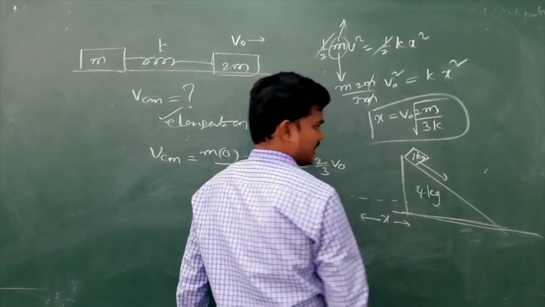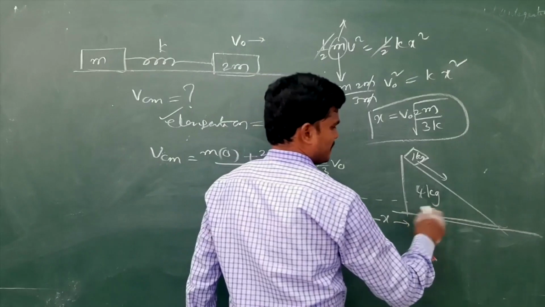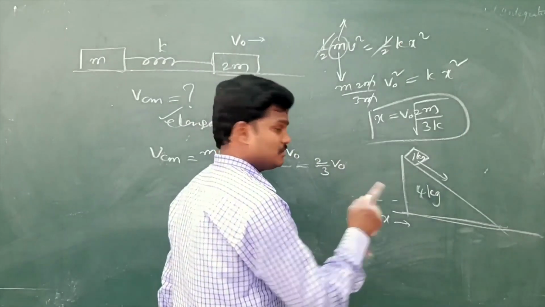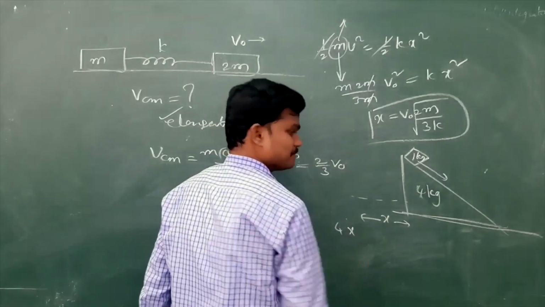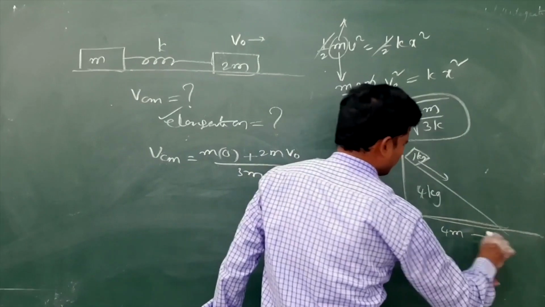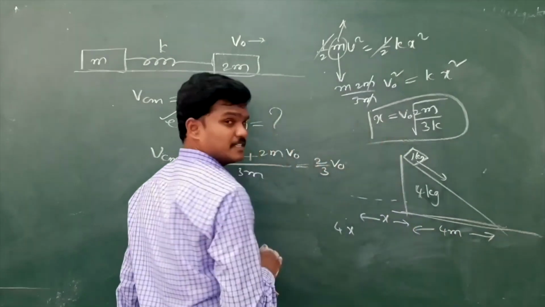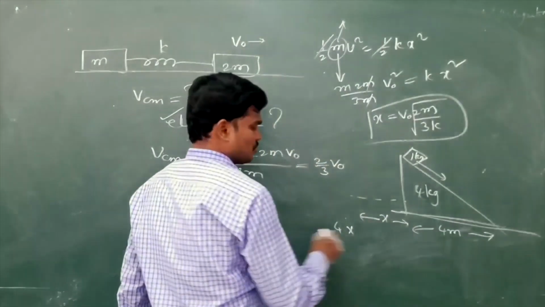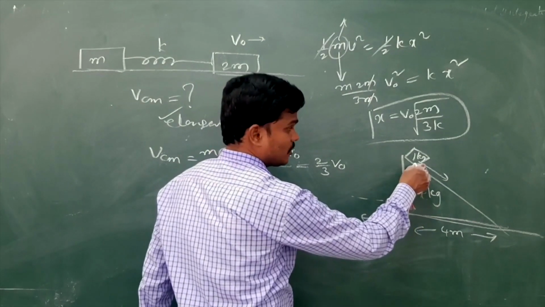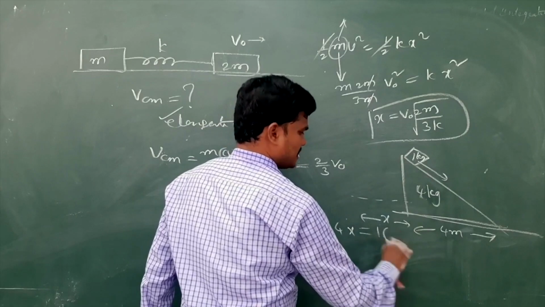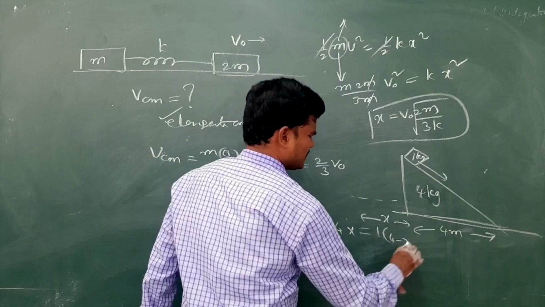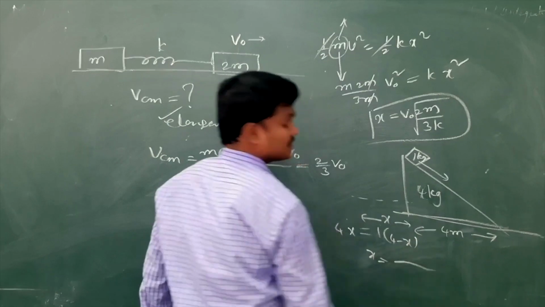If it is x, then you can apply the same concept like the boat and man concept. So the wedge moves by x in the horizontal direction. If the wedge side is 4 meters, then 4 into x, and this covers how much? 1 kg covered into 4 minus x. If you extend, you will get some answers.